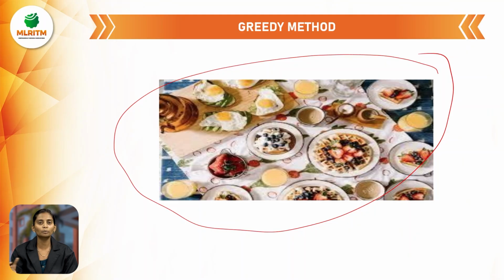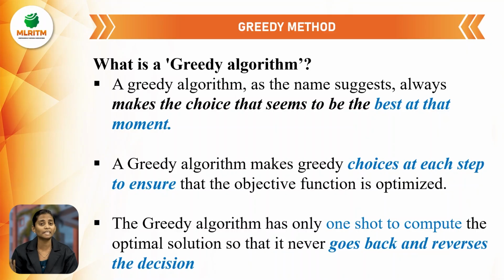They cannot put all the items together, so they choose only certain items. When they are placing those items in their plate, they cannot go back and put them into the main dish. In the same way, the greedy method also works in the same process.